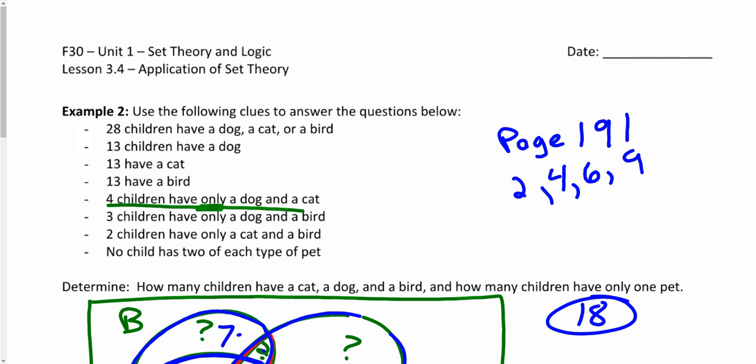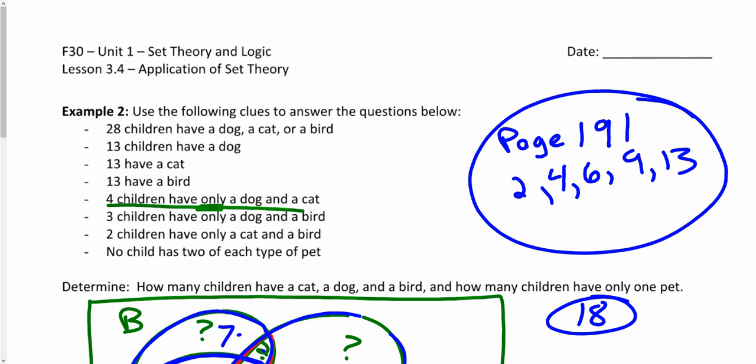And try 13. All right, there you go. Good luck.